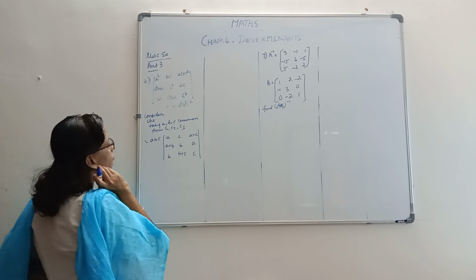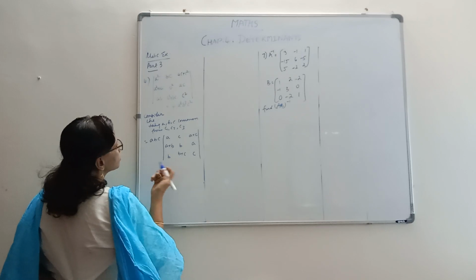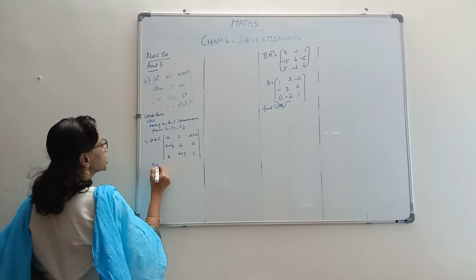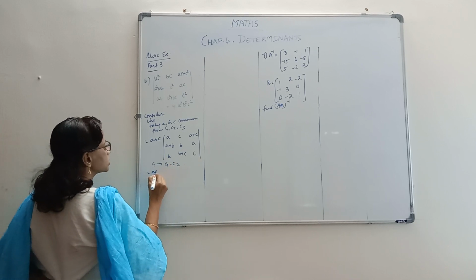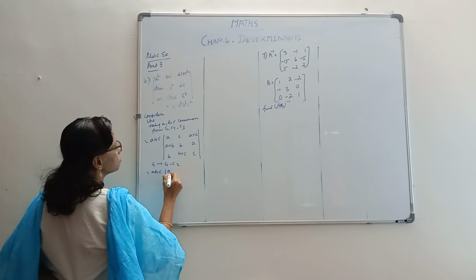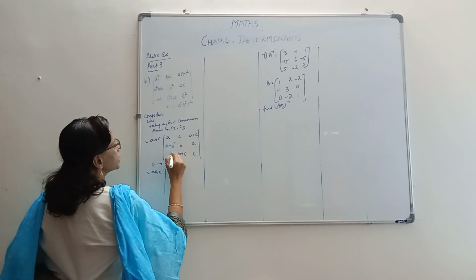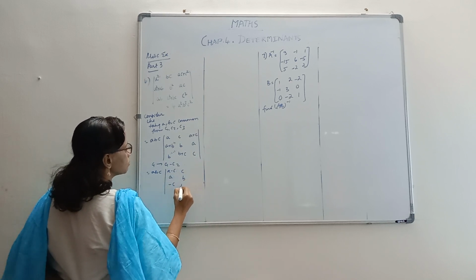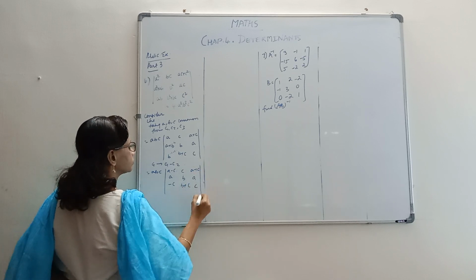Probably we would go in for, ac is there here. Yeah, we can do maybe C1 becoming C1 minus C2. Let's see what happens. You will have a minus c, this is minus b so a remains, this is minus b minus c so minus c remains, then c, b, b plus c, a plus c, a, c.